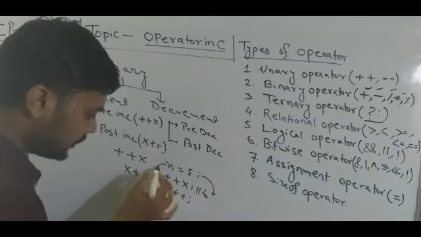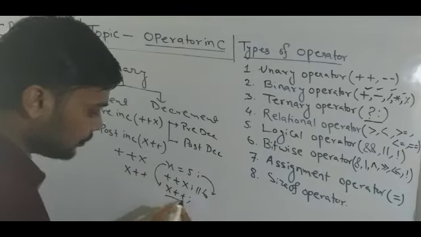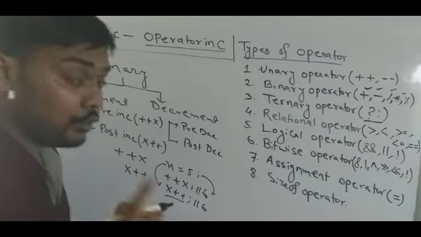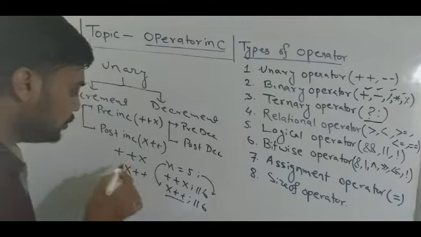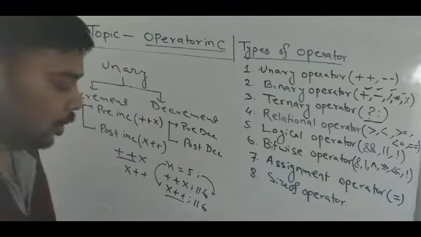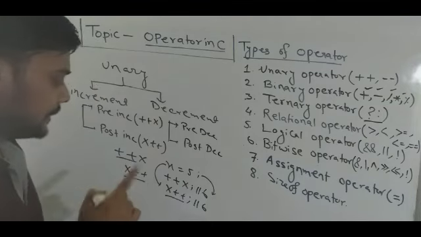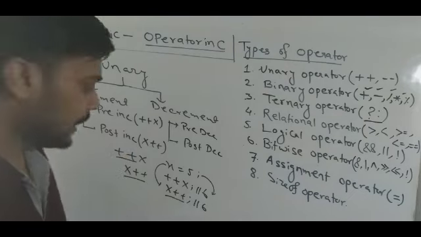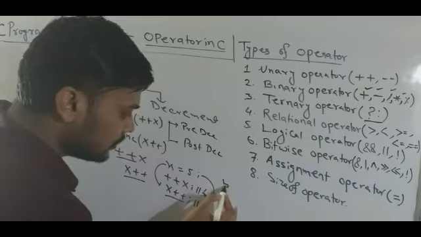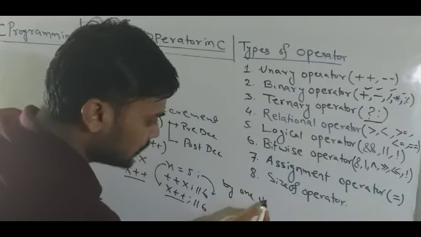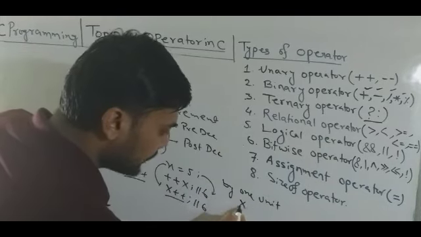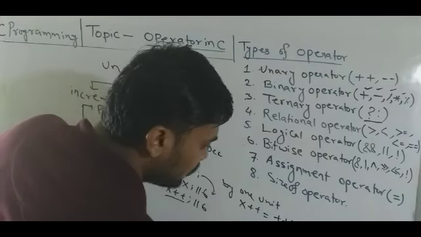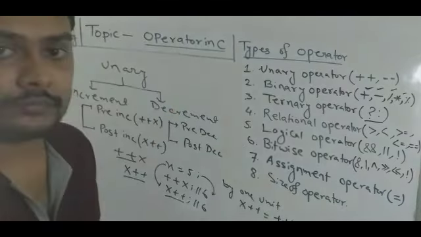If we use the post-increment, then also the x value is incremented by 1 unit. That means whether we use pre-increment or post-increment, each time it is incremented by 1 unit. That means x plus plus equals plus plus x equals x plus 1.